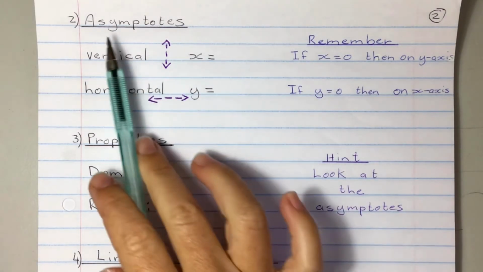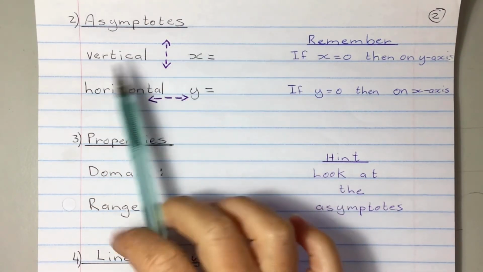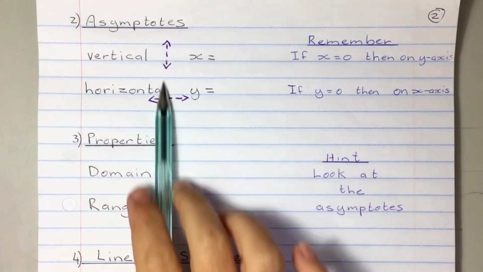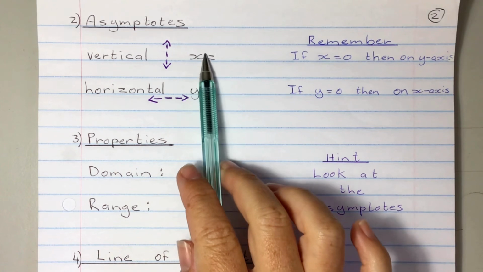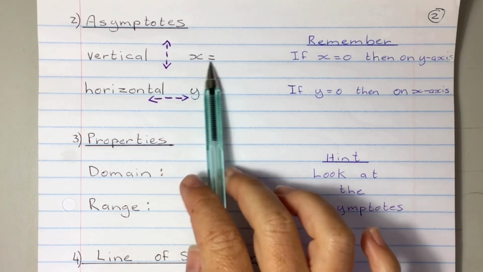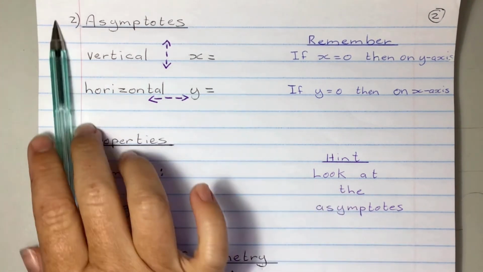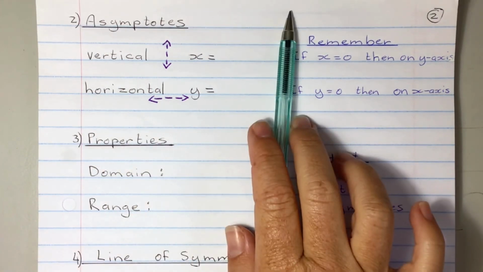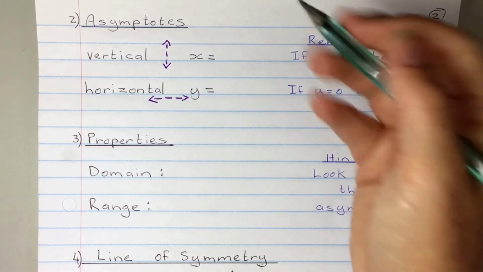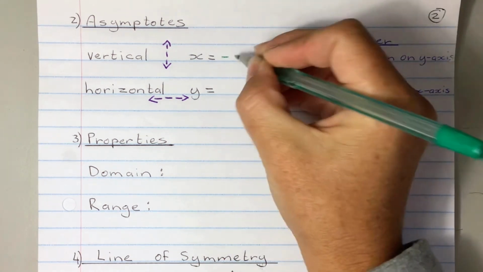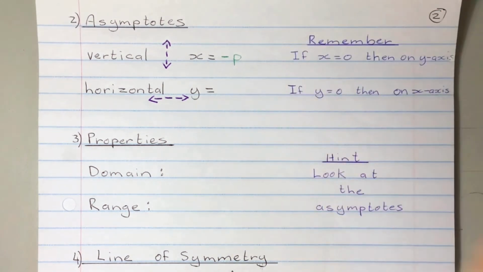Now let's look at the properties of our asymptotes. We've got two asymptotes. The first one is our vertical asymptote that cuts the x-axis, which is why our equation is x is equal to. Now remember, our vertical asymptote moves left or right, being affected by our p-value. And we saw already that we need to work with a negative p.